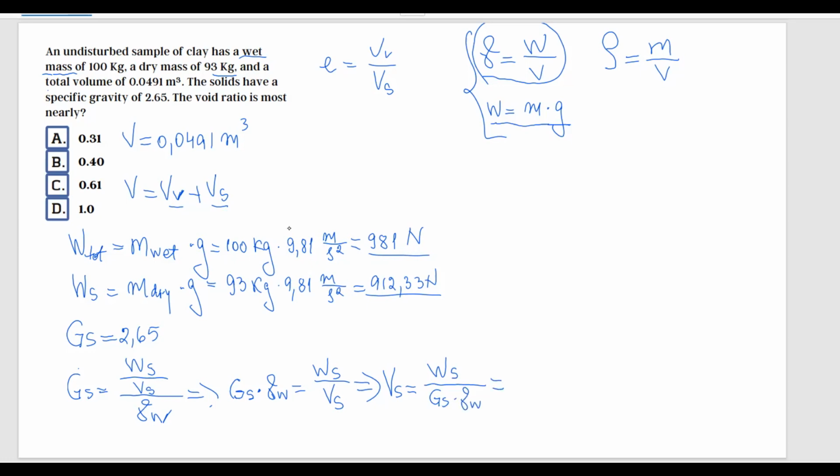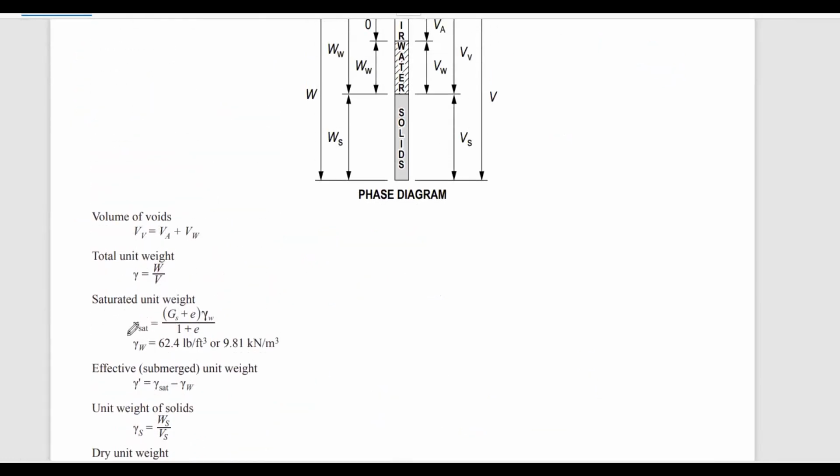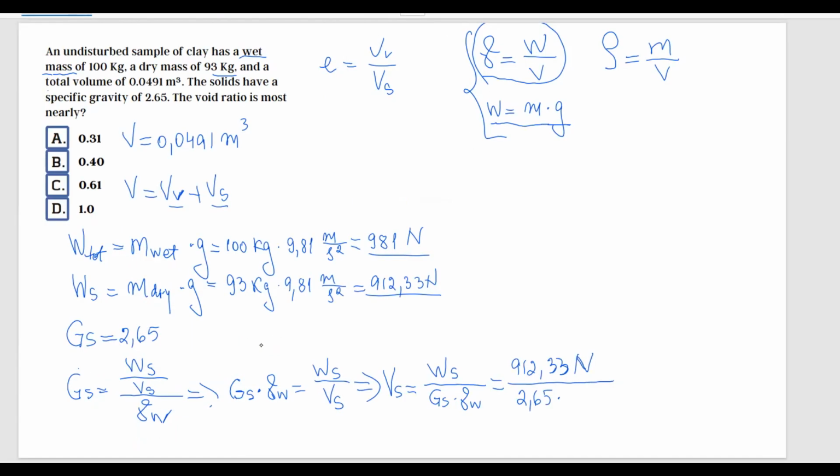Now let's substitute. Weight of solids we have here as 912.33, and these are newtons, divided by specific gravity 2.65 multiplied by gamma water. Let's go to the FE handbook. You have gamma water given here as 9.81 kilonewtons over meters cubed.